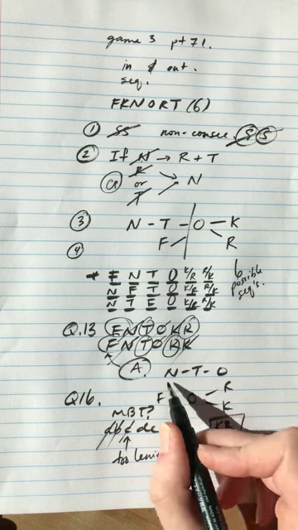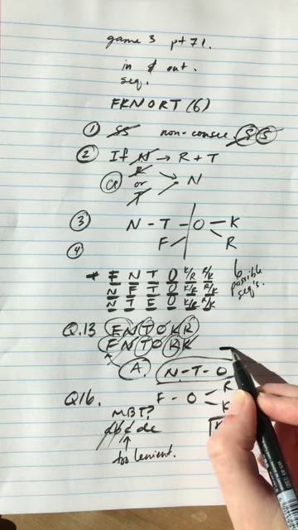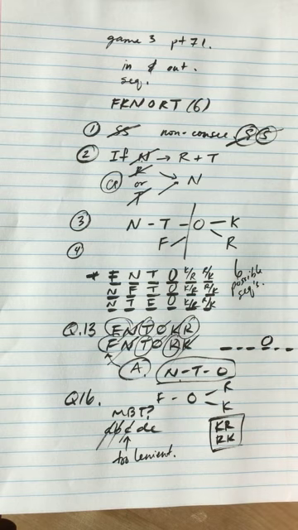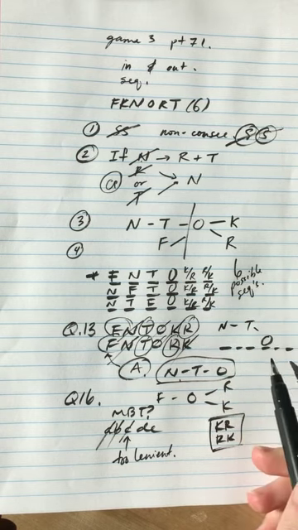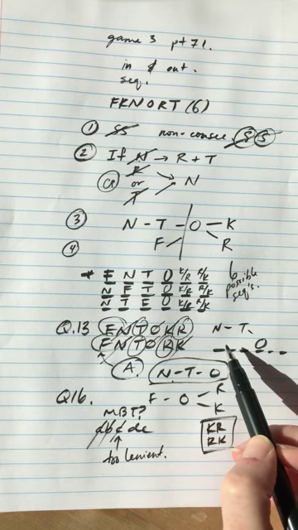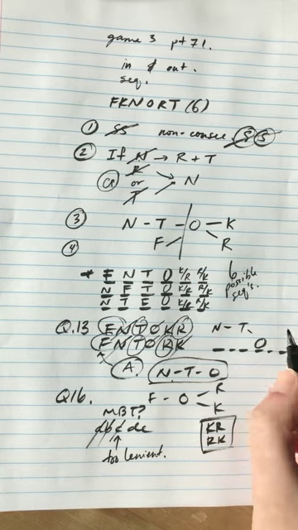So if we added that to this condition, we have our 6 spots, and we have O here. Now N and T have to be before O, right? So if we have a block for R and K, they're not going to be able to fit in any of these 3 spots. That's not going to work.